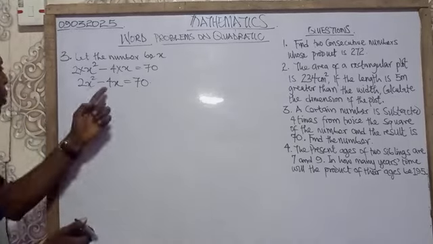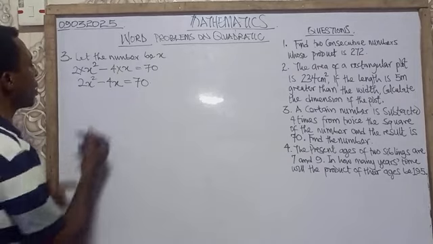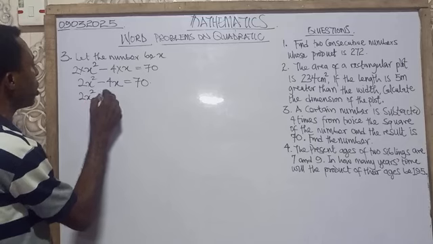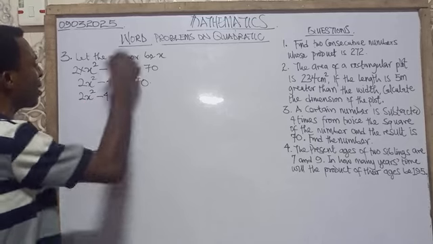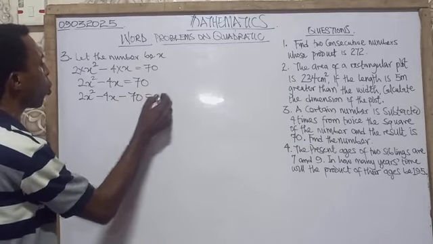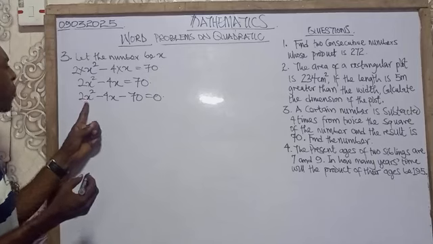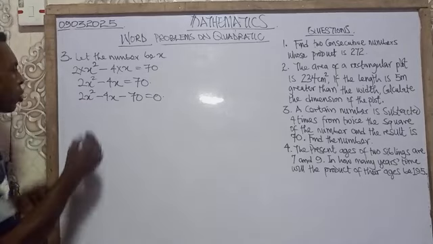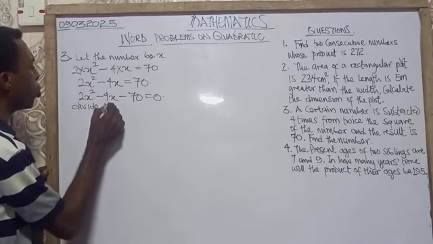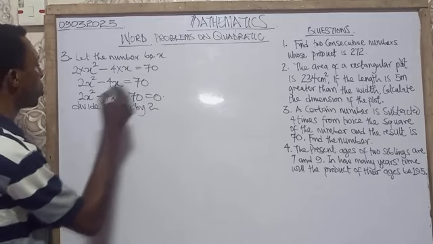So now with what we have, we can break it down. For us to solve this, we have 2x squared minus 4x minus 70 equals 0. At this point, the coefficient of x squared is 2, so let's divide through by 2.